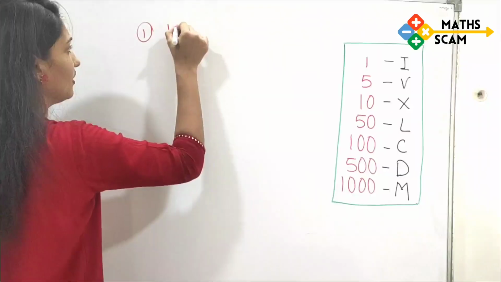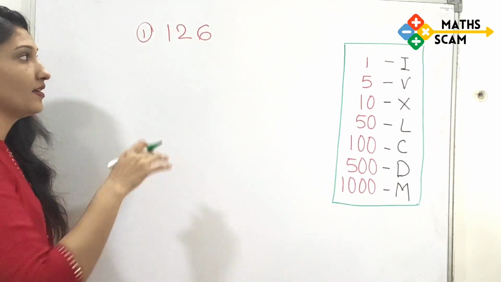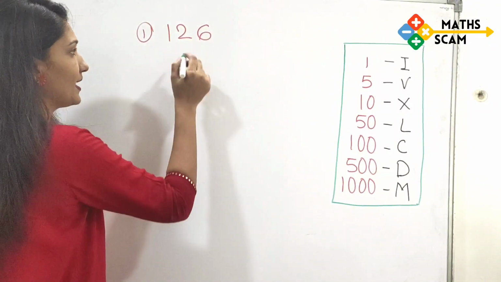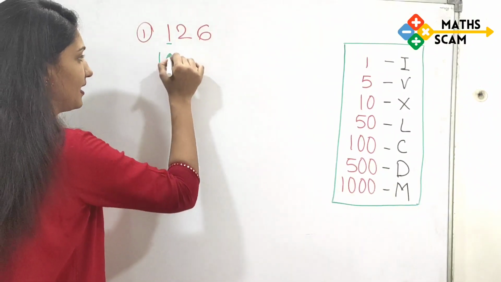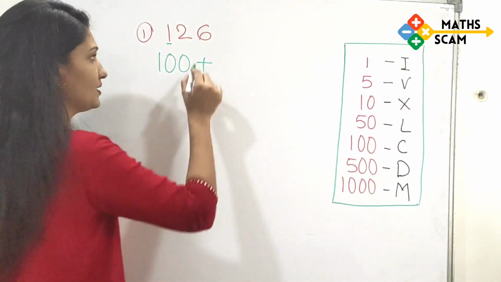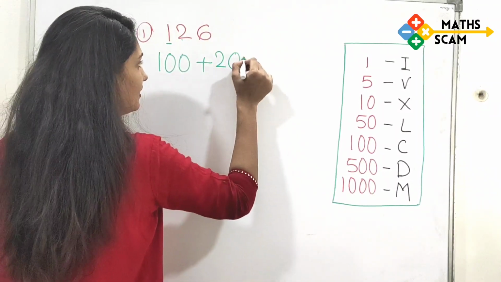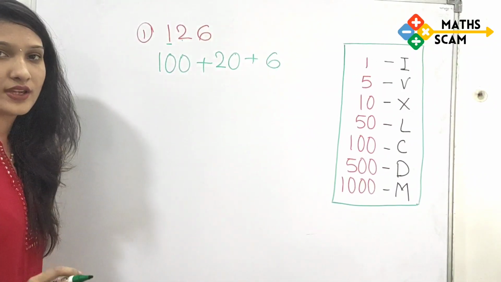Okay. Example. Now 126. So the first step for this is to expand the number. So how do we expand? 1 is at hundreds place, so write 100. Plus 2 is at tens place, so 20. And 6 is ones place, so it will be 6. Okay.